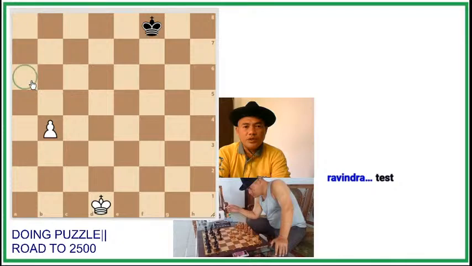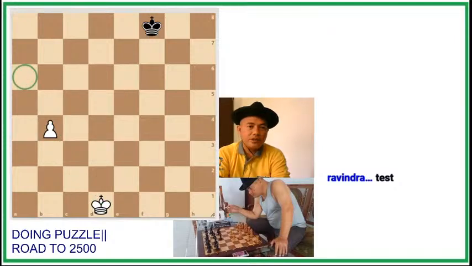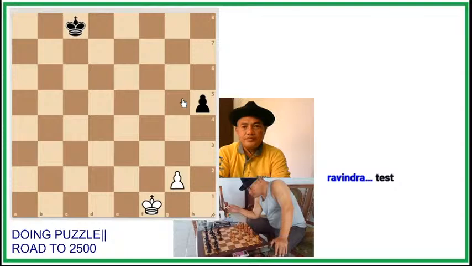This is also about the key square. This is the key square, and we have to go to the farthest key square by doing this, not this or this or this. We can't go to this key square. We have to go to the farthest key square. And this is also about the key square, how black tries to move this pawn to the H file.